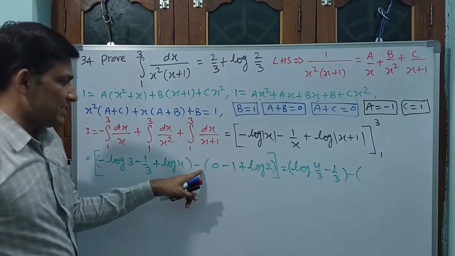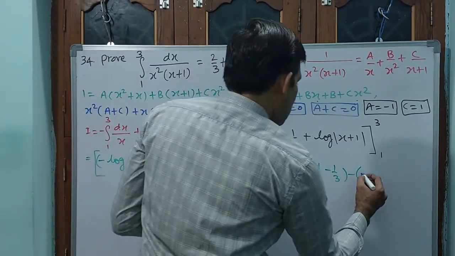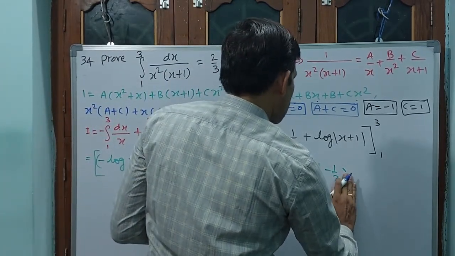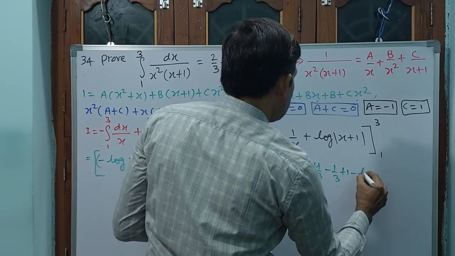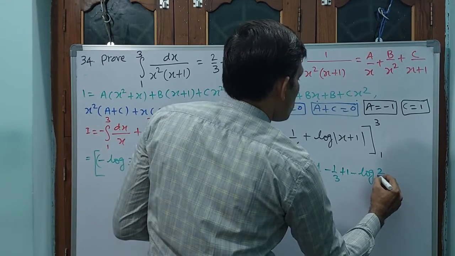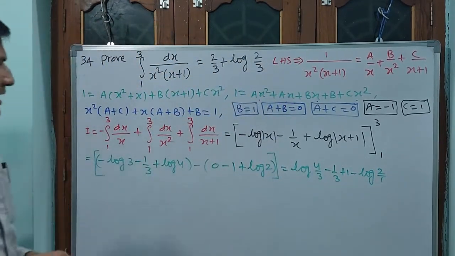Shall I write? Why? Because minus is there outside. Minus of minus plus 1 minus log 2. Plus 1 minus log 2 means 2 by 1 is there, like you think. Why? Because for calculation purpose I have written like that.